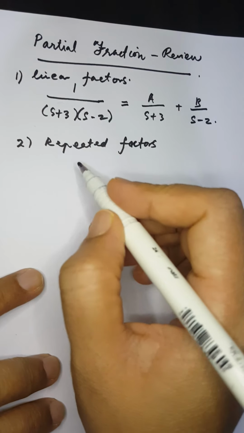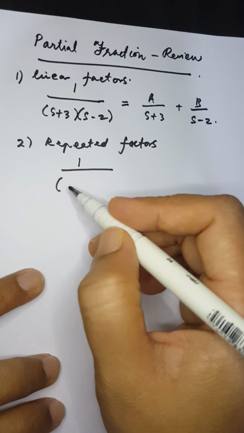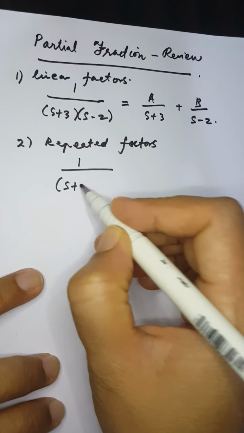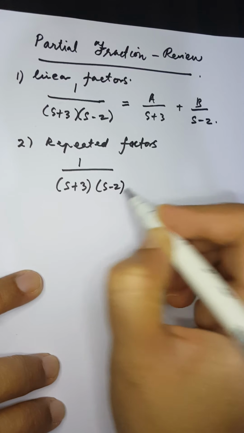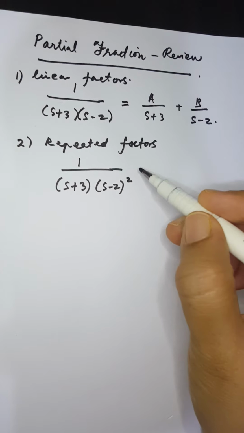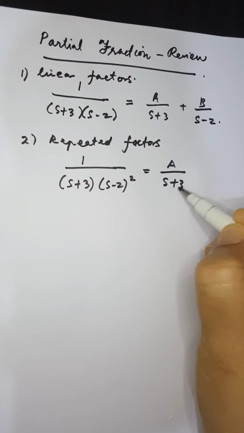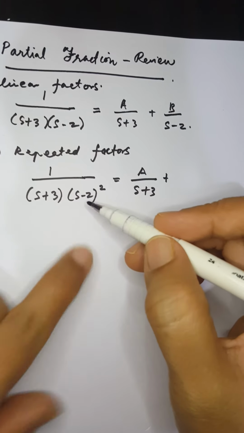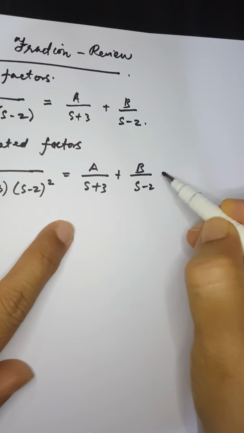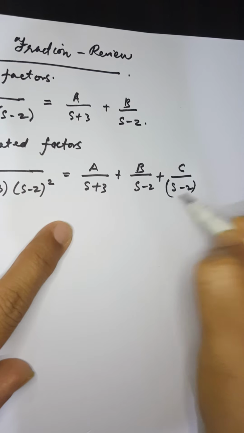For example, if we have a function like this involving repeated factors, we have repeated factors for s minus 2. We have two factors over here for s minus 2. So what do we change it into? A over s plus 3, and then B over s minus 2, plus C over s minus 2 squared.